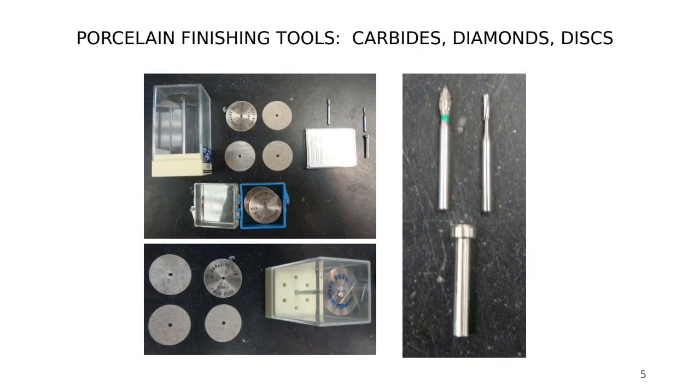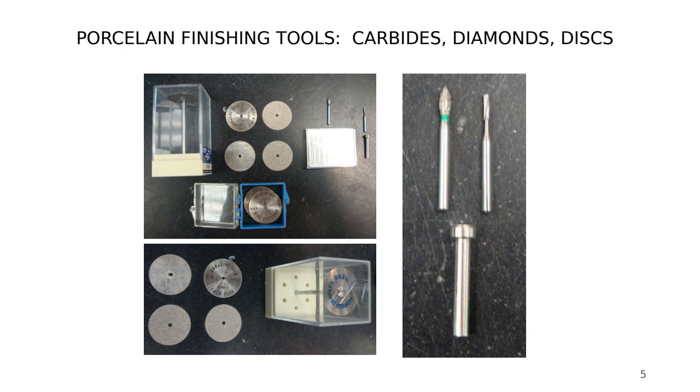All right, so again, different types of discs. Now, you have to customize yourself with what your manufacturer of burrs, the supplier, gives you. And you may have multiple suppliers, not only one. Maybe you like the disc from one company, the carbides from another.